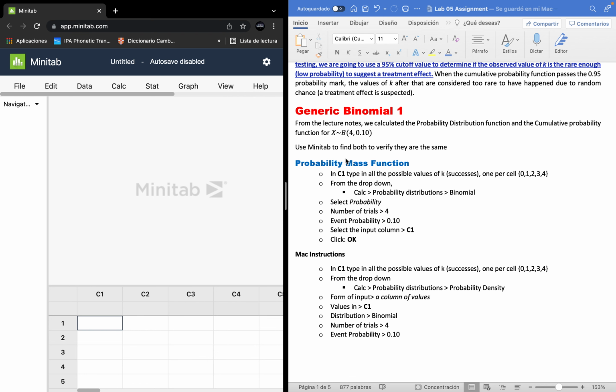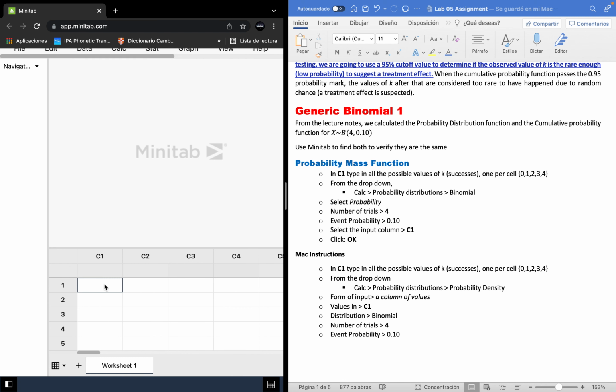So we are going to simulate a binomial distribution with 4 trials. With 4 trials, the maximum number of successes we can observe is 4. That's why we put here in column 1: 0 successes, 1 success, 2 successes, 3, and 4.